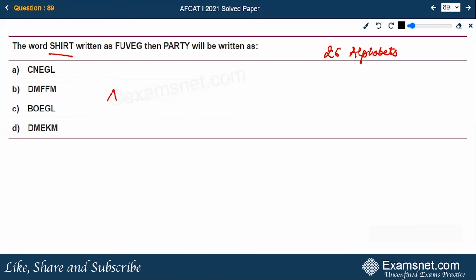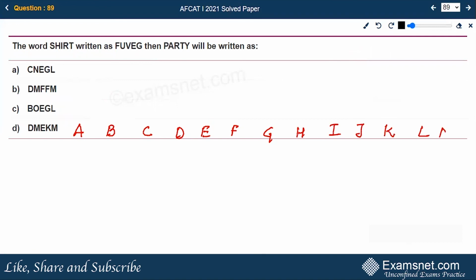So I will write them as A, B, C, D, E, F, G, H, I, J, K, L, M, N, O, P, Q, R, S, T, U, V, W, X, Y, Z.